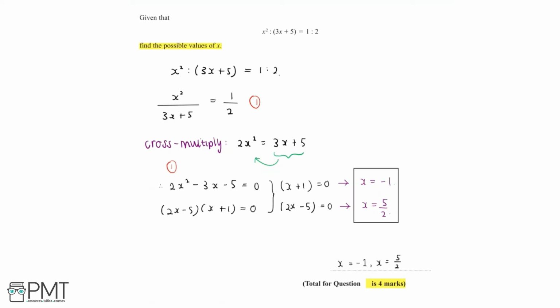We get the third mark for beginning to solve the quadratic equation, and we did this by factorising, and for saying that 2x minus 5 multiplied by x plus 1 is equal to 0. And our fourth and final mark is for using our factorised equation to find that x is equal to minus 1 and x is equal to 5 over 2. Allowing us to get the full 4 marks needed in this question.